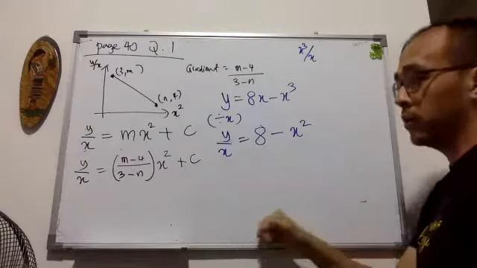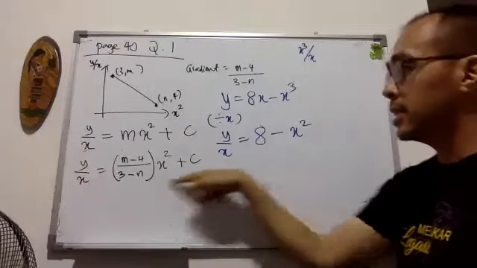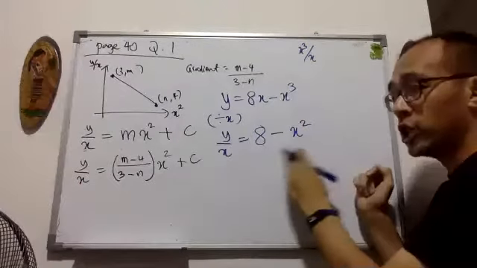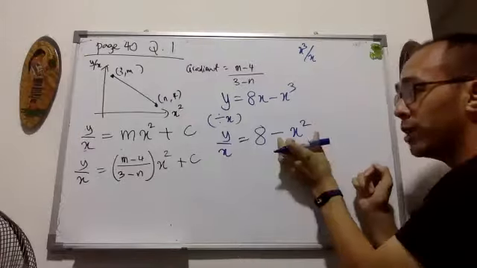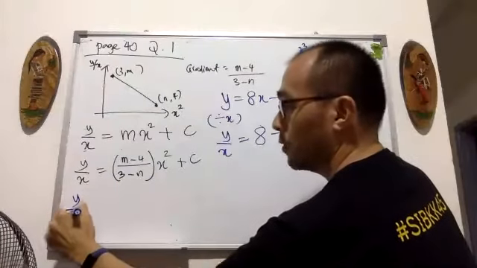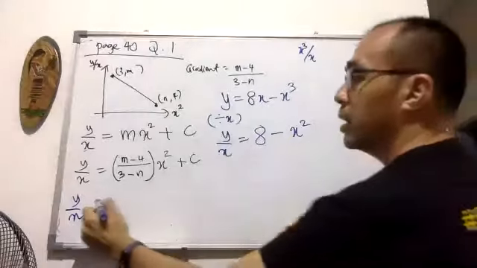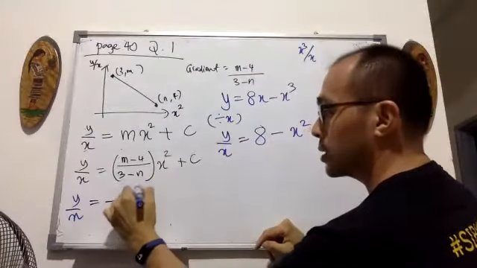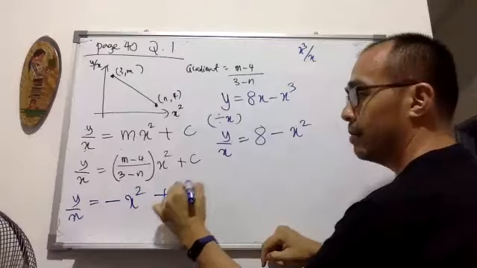Now let's position this and this together so that they overlap. Obviously we have to change something here a little bit. I'm going to bring my x squared to the front so that it looks like this. So this will become y over x equals, bringing this forward, minus x squared, and this one will become plus 8.